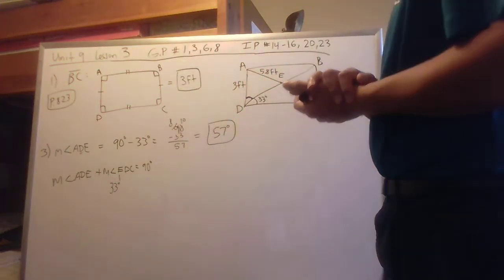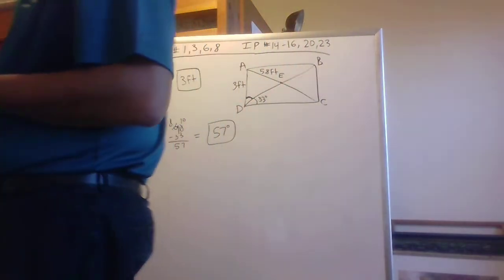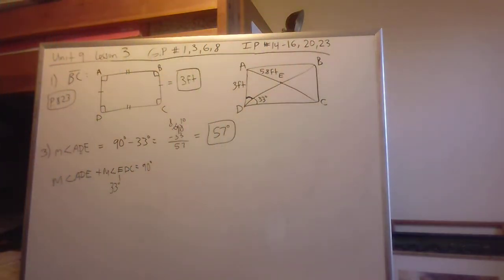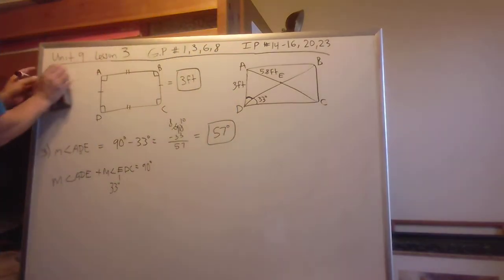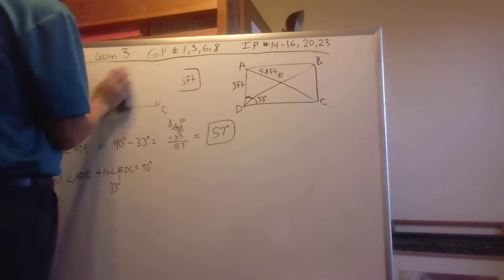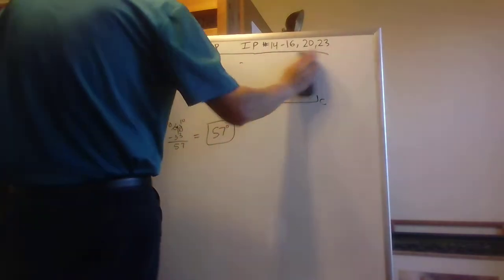Okay, so now we're going to move on to problem 6. Let me just write this down. We again have to use algebra to solve an equation to find an unknown side length or segment of a rectangle.